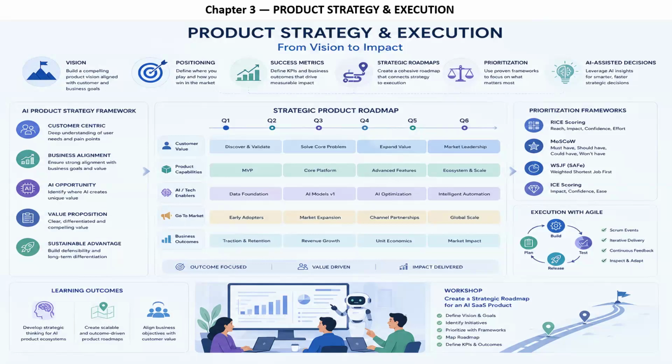So here I'm just trying to focus that when you are creating a product roadmap, you may need to put Q1, Q2, Q3, what are all my priorities. See, this in itself is a vertical cutting or a slicing of the cake, right? In Q1, on the element of product capabilities, I'm going to focus on validating the MVP, my minimum viable product. In terms of my AI building capability, I'm going to set the data foundation layer.